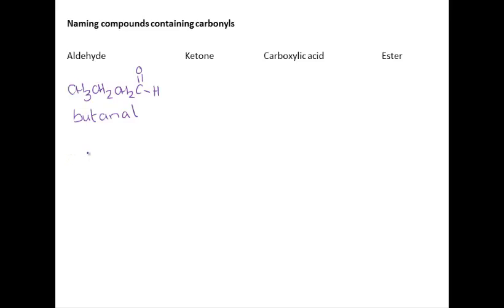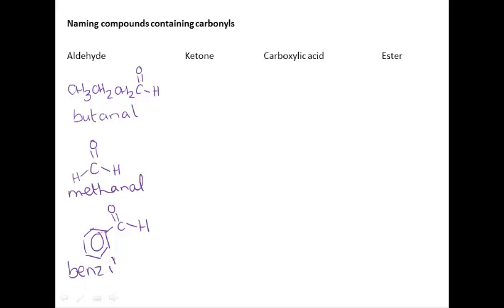Similarly, if we just had the 1 carbon, the systematic name for that would be methanal, although it does have a common name as well as formaldehyde. And if we look at one with a benzene ring, this has the name benzaldehyde.